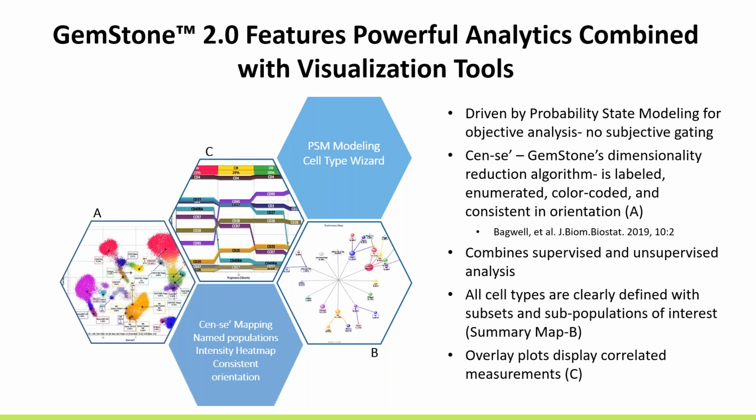Sensei automatically labels the cell type populations and subsets, as well as providing a consistent orientation from sample file to sample file. All cell types are clearly defined with subsets and subpopulations of interest. Unique overlay plots display correlated measurements and provide a clear measure of comparison from sample to sample.